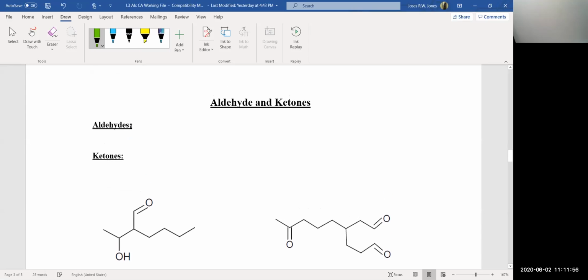So aldehydes and ketones are organic compounds that are characterized by the presence of one or more carbonyl groups. So both contain carbonyl, C-A-R-B-O-N-Y-L, not carboxyl for carboxylic acid.